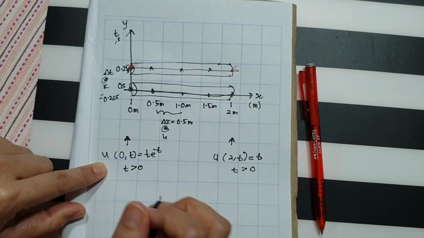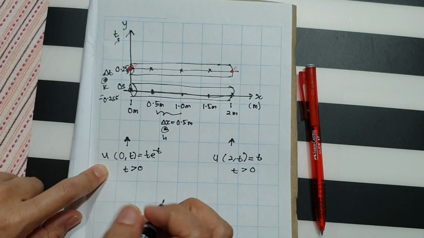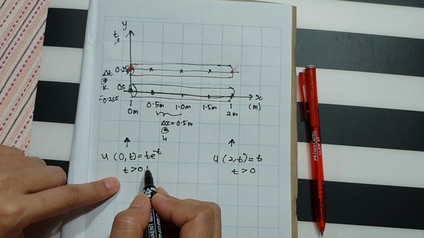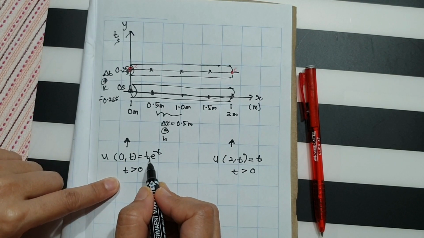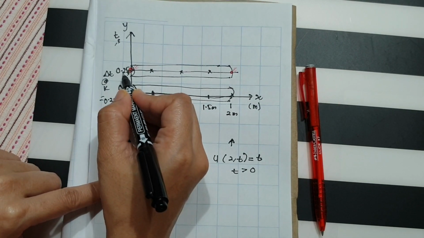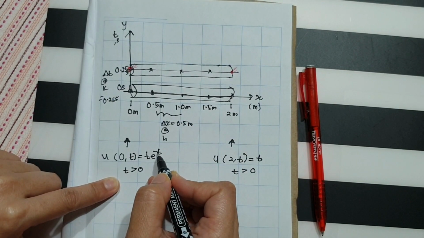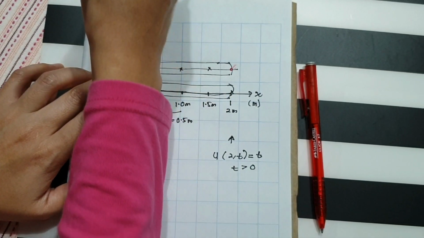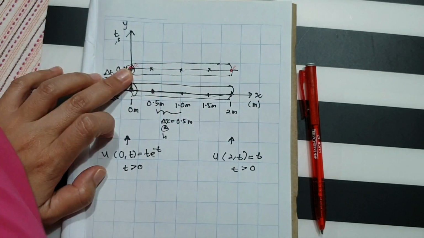Now you can calculate the boundary condition over here, for e to the power of negative t. Use your calculator to do the approximation. The t is 0.25, exponent negative t, so the value over here you will get 0.195.